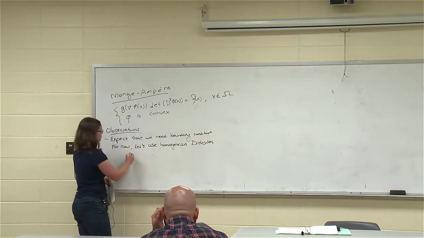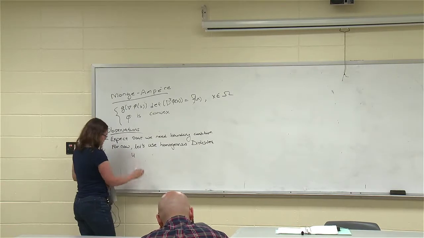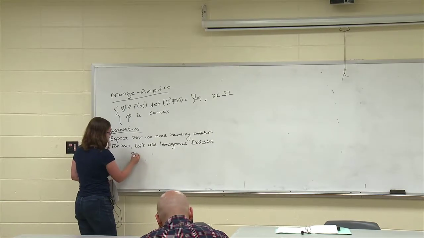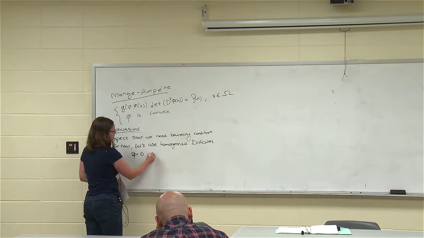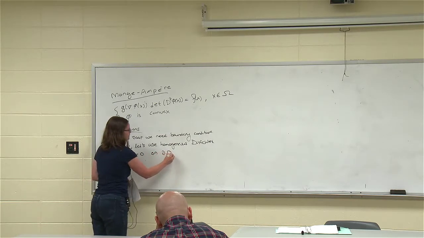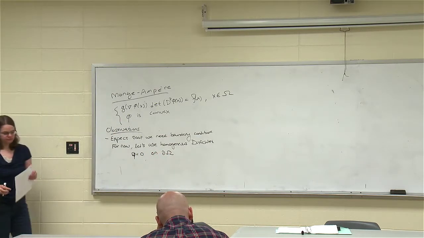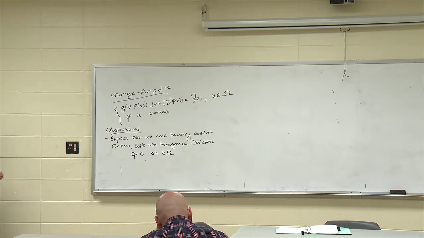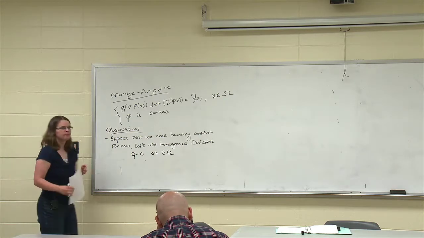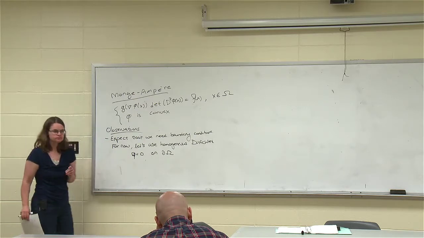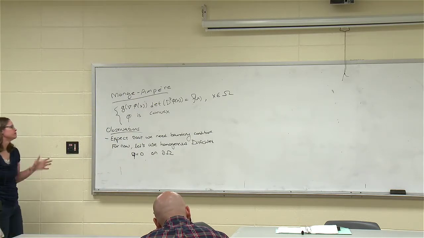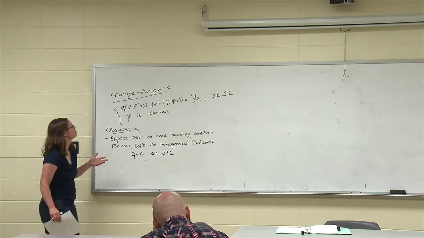So that means we're going to set not u, but phi equals 0 on the boundary. Okay, so that's somewhere to start.